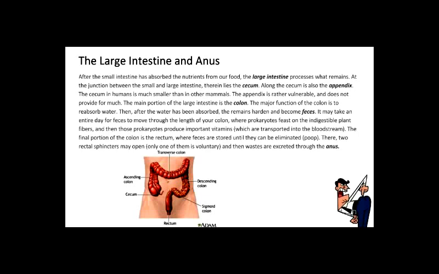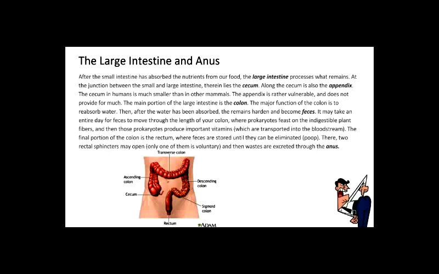The main portion of our large intestine is the colon. The major function of the colon is to reabsorb water and also to promote the growth of bacteria that produce vitamin K, because that's most of where we get our vitamin K. Then, after we've absorbed 90% of our water back, and the bile has already been gone through, we don't need that bile, it's kind of gross and disgusting.